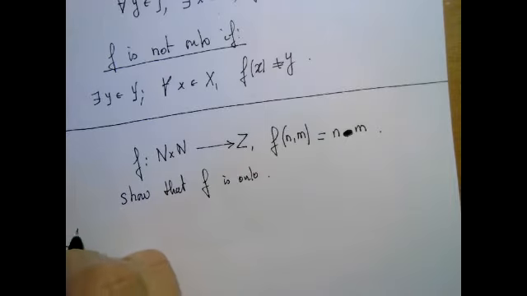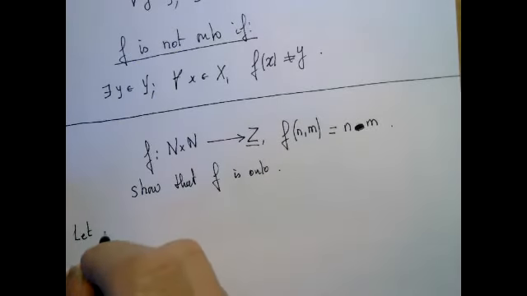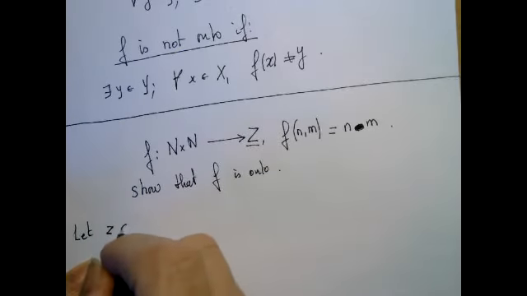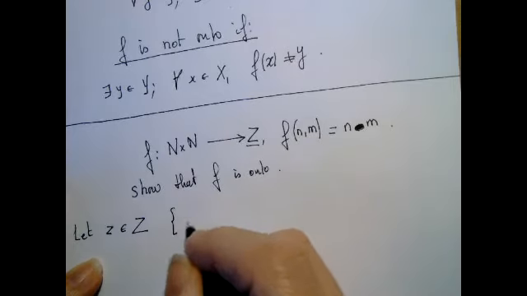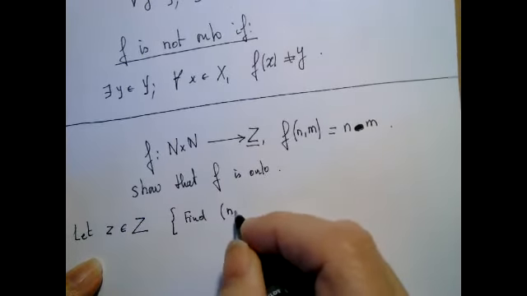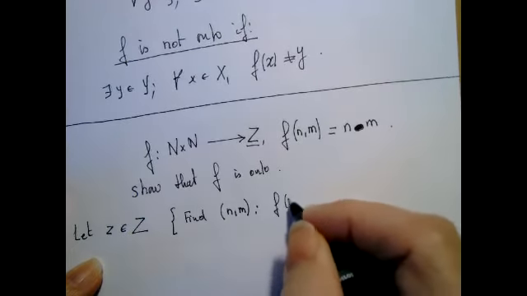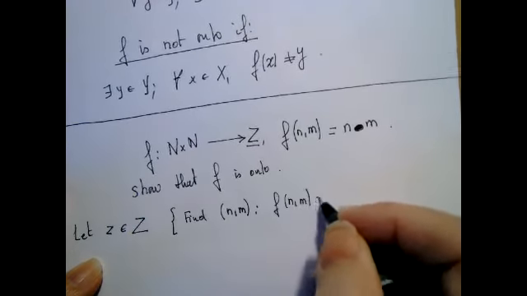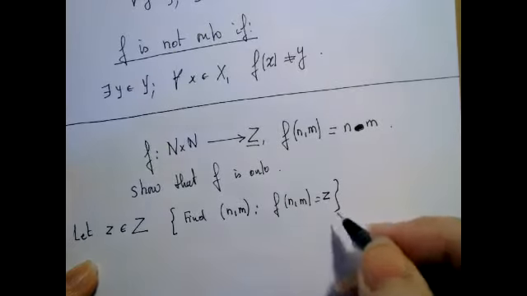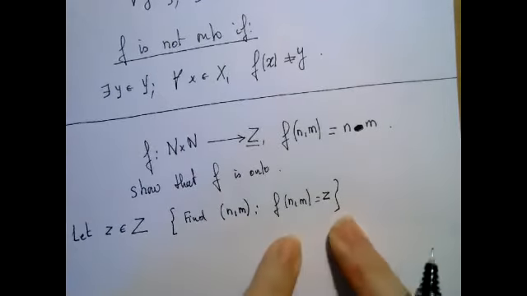We start with an arbitrary element in Z. You can call it anything you want. So let z be an element in Z. And your job is, I put in parentheses, you have to give me a pair (n, m) such that f of (n, m) equals z. So we're starting with an arbitrary element. You have to give me a pair that's mapped into z.